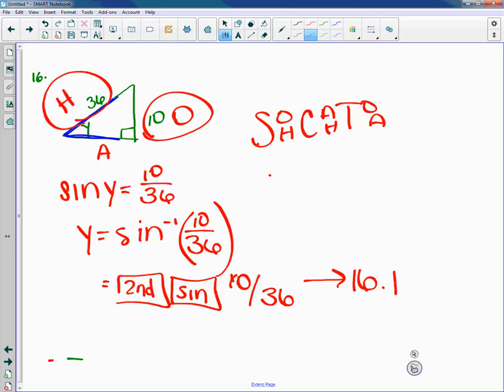Don't erase this, but go ahead and copy number 24. Go ahead and do sine, cosine, and tangent.